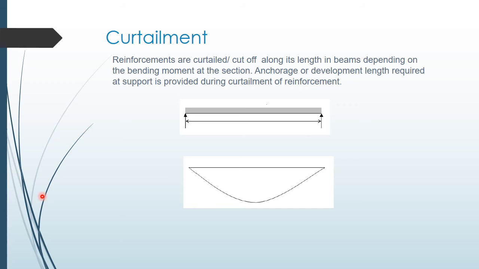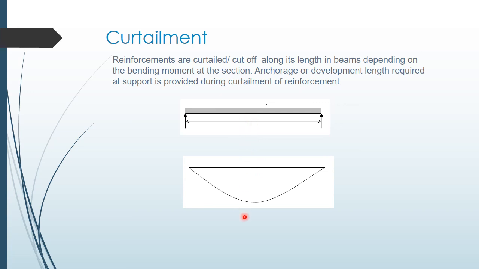I also want to emphasize curtailment. Reinforcements are curtailed and cut off along their length in a beam, depending on the bending moment at the section. After we curtail or cut off the bar, we provide the anchorage to the steel bar. This is the example for a simply supported beam and its bending moment. We use the maximum bending moment for determining our area and number of reinforcement needed for the beam.